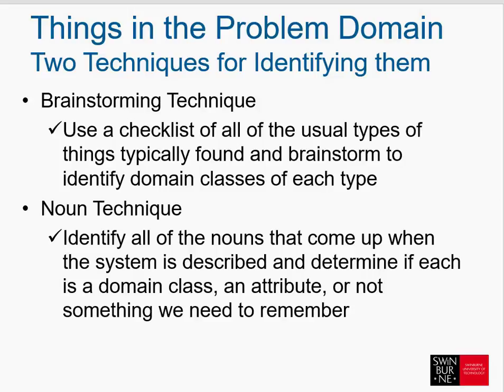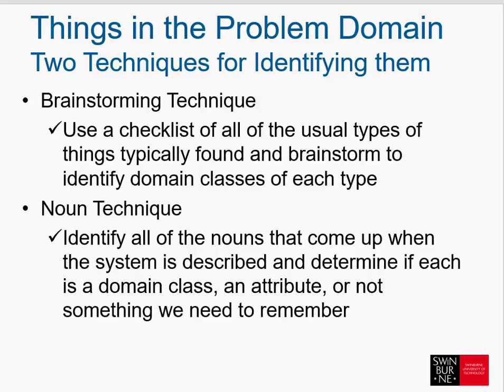The second important technique is the so-called noun technique. If you recall correctly, a noun is a person or a place or anything, right? Therefore, identifying the nouns might help the business analyst to identify what needs to be stored by the system.